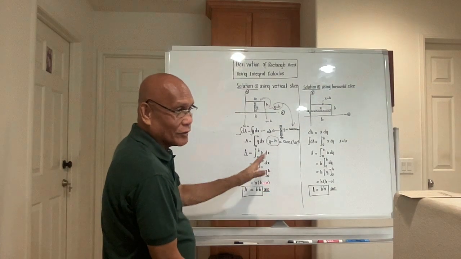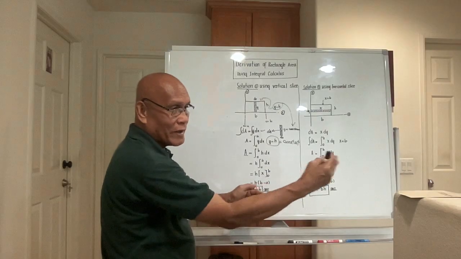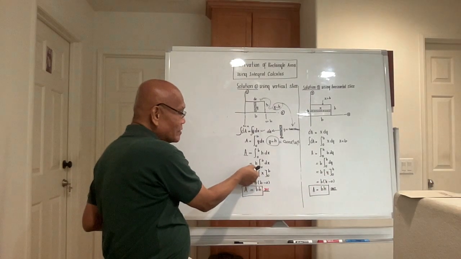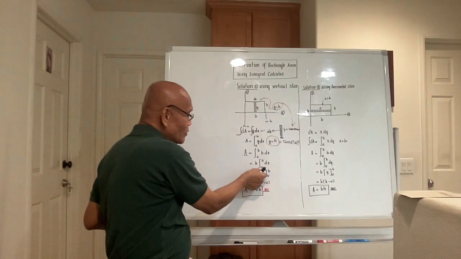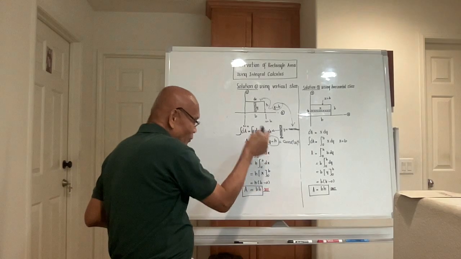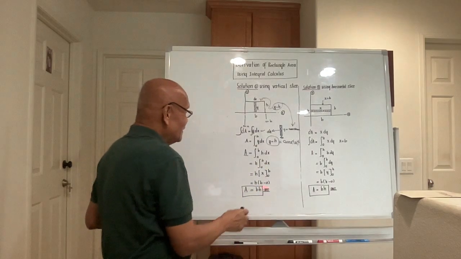As a rule in integration, any constant inside, we could bring it out, right? So, if we try to simplify this one, it should be h times the integral from 0 to b, the base, of dx.